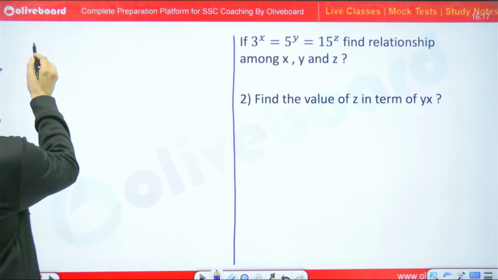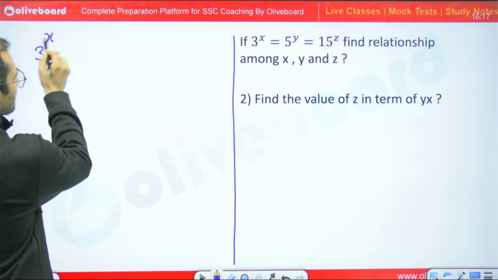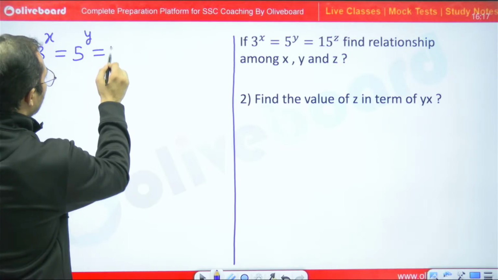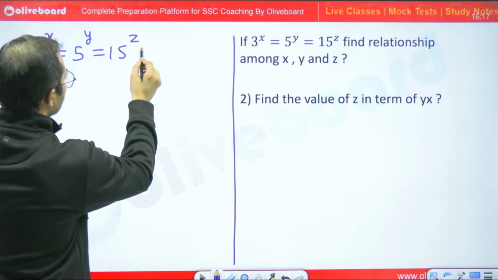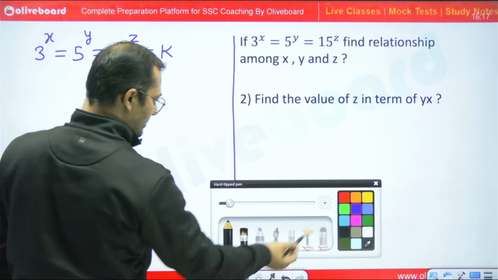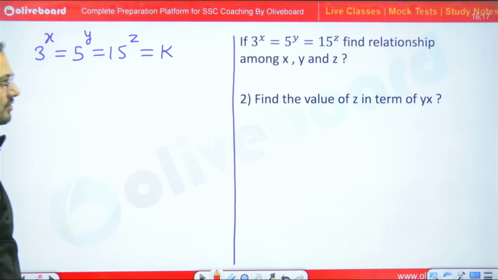So we can say that let 3 to the power x is equal to 5 to the power y is equal to 15 to the power z. So this would be equal to k. Simple.